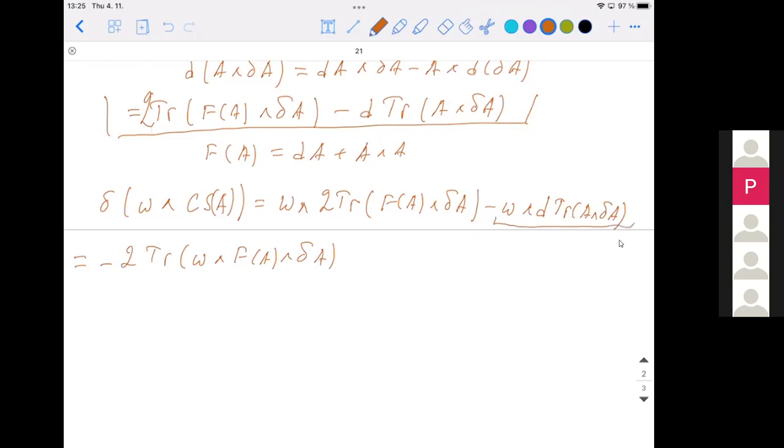So that means we can write it as trace A delta A plus the total derivative of trace A. As a boundary condition, we can set this to be 0.